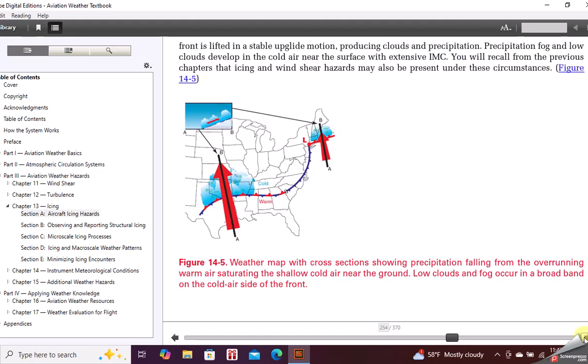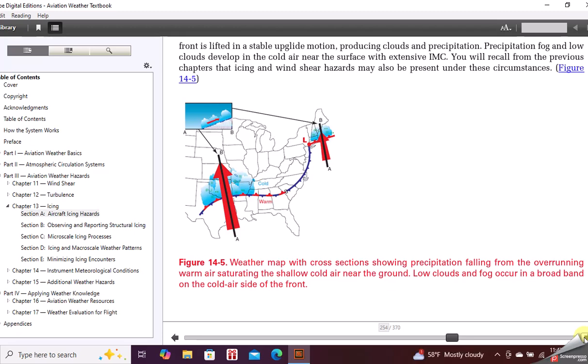And you can see here on this front depiction where there are two areas, warm air rising up. So many times when a warm front is coming towards you, you're going to get very low clouds, very low ceilings. I actually have some of your labs where I have very low ceilings occurring over Pittsburgh and over Washington, D.C. The reason they're occurring there is there's a warm front lifting north.